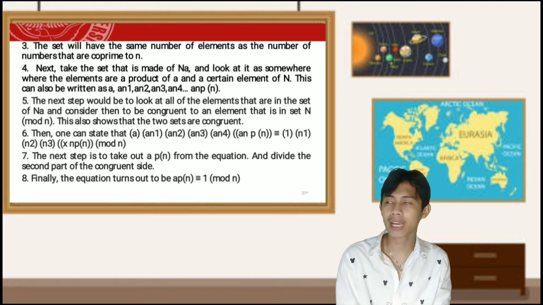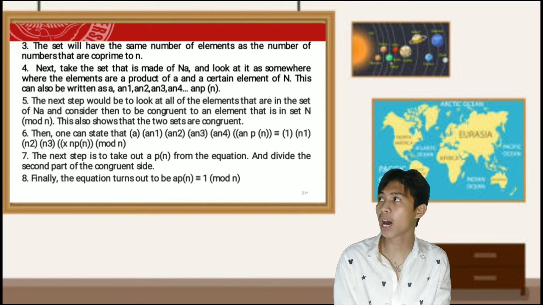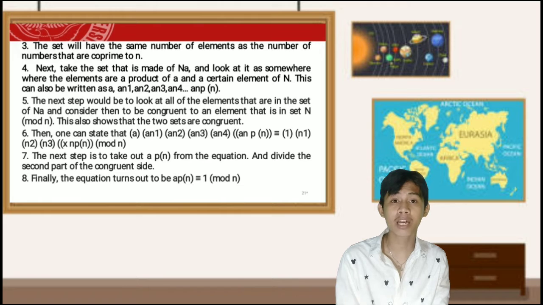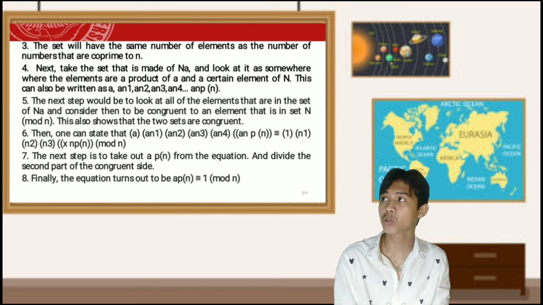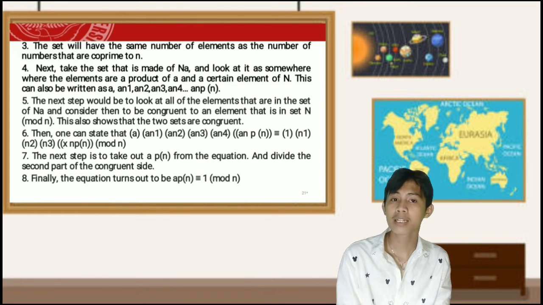Then the fifth step would be to look at all the elements in the set of na and consider them to be congruent to an element that is in set N mod n. This also shows that the two sets are congruent.